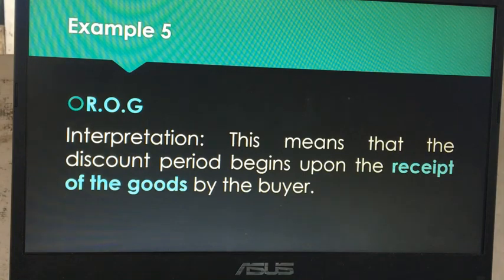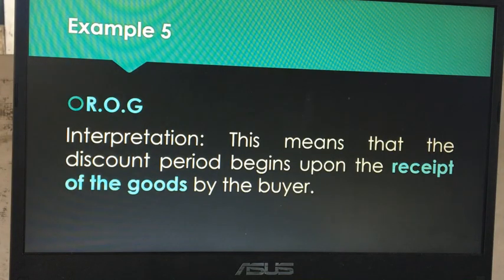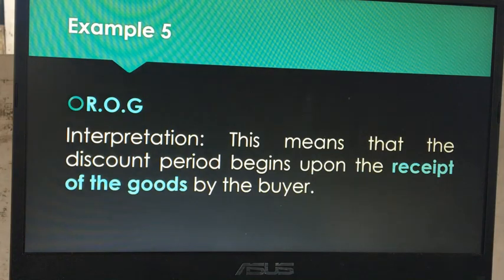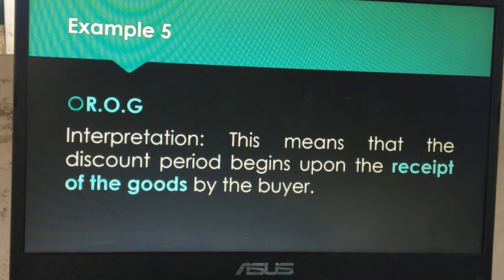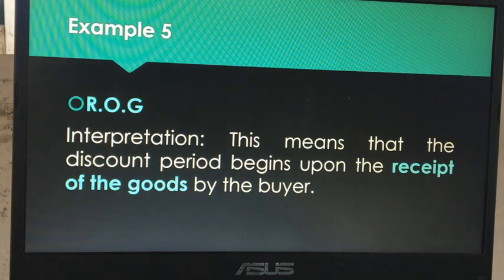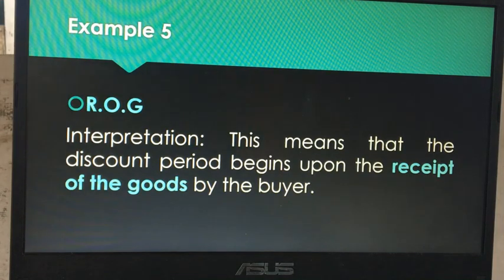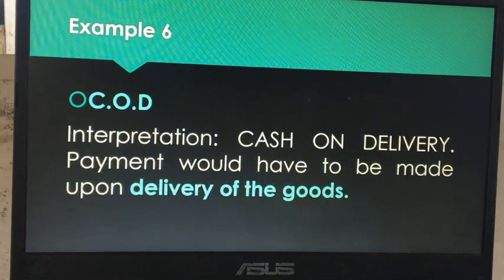For example, you purchased a certain amount on January 1 and you receive the goods on January 10, meaning on January 10, the discount period will begin. That's how ROG works, meaning receipt of the goods.